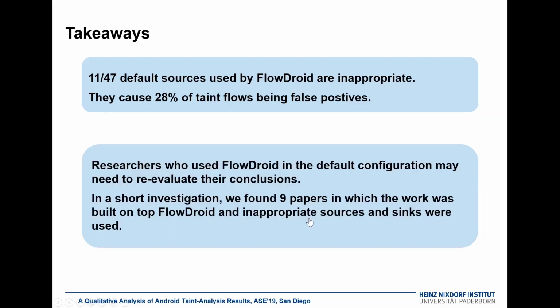We have reported these findings to the maintainers of FlowDroid and they confirmed the mistakes and removed those sources from FlowDroid's GitHub repository. So the takeaway here is that researchers who use FlowDroid in the default configuration may need to re-evaluate their conclusions, because we already found a few papers in which the work was built on top of FlowDroid and these inappropriate sources and sinks were used.